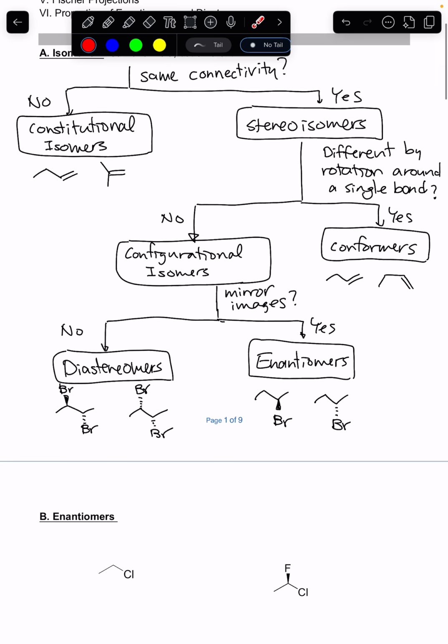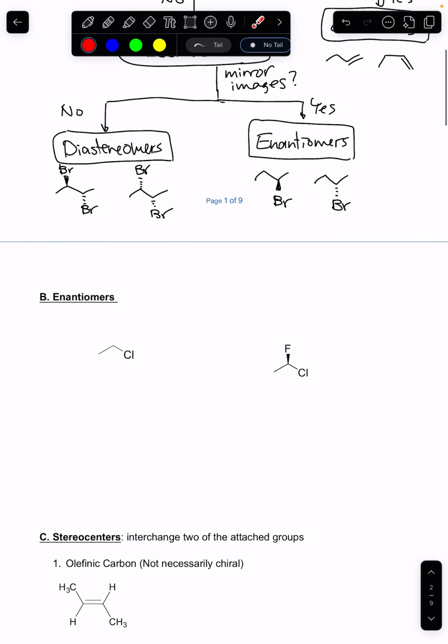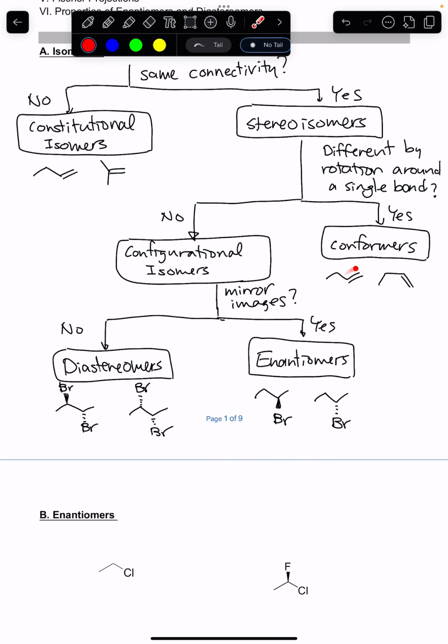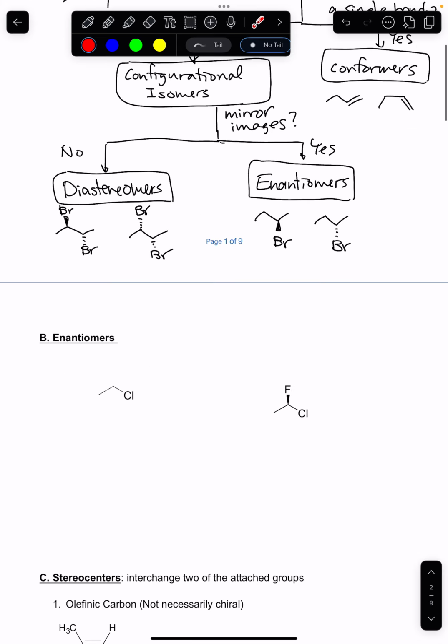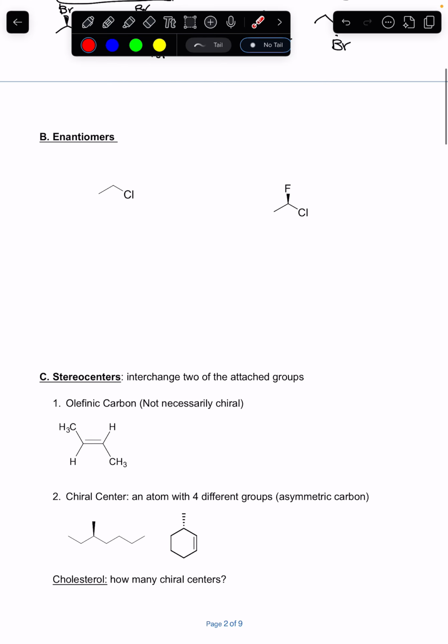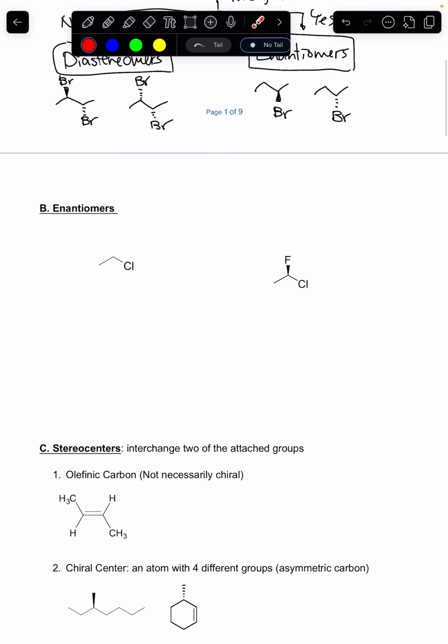Not to mention, if you're in biomedicine or a pharmaceutical area, different enantiomers, even though they're just mirror images of each other, can confer totally different bioactivities on people, and we'll talk more about that. So I need you to be able to categorize the relationship between two molecules. That diagram is really, really important. Now, I just want you to know from that diagram, first of all, that enantiomers are chiral.